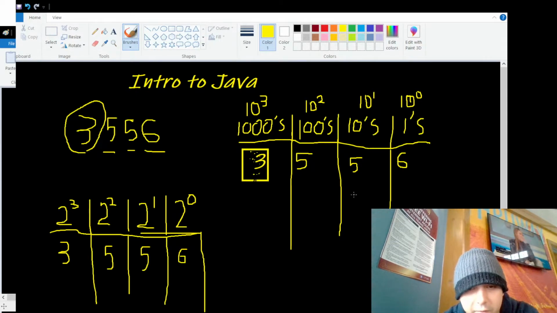Think about how you would figure out what this would be. That number would be 3 times 1,000, plus 5 times 100, plus 5 times 10, plus 6 times 10 to the 0, which is just 1. Anything to the 0, by the way, is just 1.